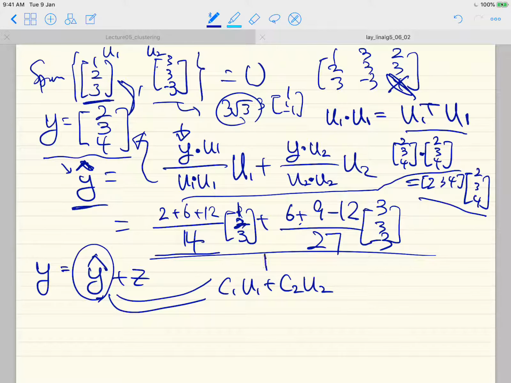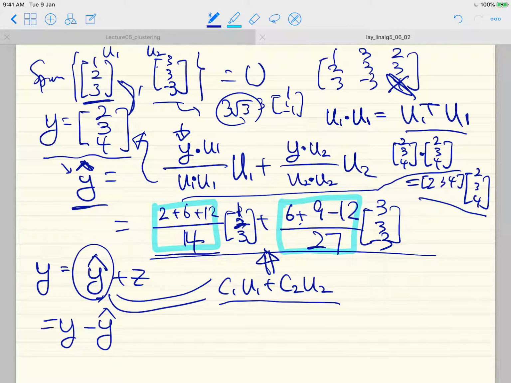So from here, without any proofs, I claimed that this C1 and C2 can be obtained in this manner, right? But before that, it is of course represented as this linear combination of u1 and u2, because once we perform the orthogonal projection, the projected point y hat is inside of W. And now y minus y hat is our z, okay?